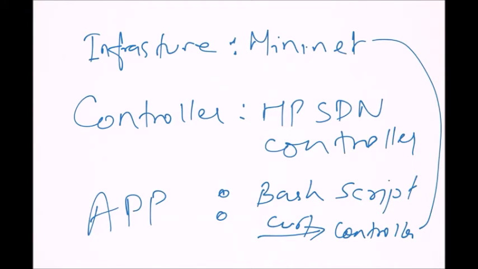This is how I'm using Mininet, the controller, and a simple script in my project, and I'll show you more as I give you the demo of what my project does.